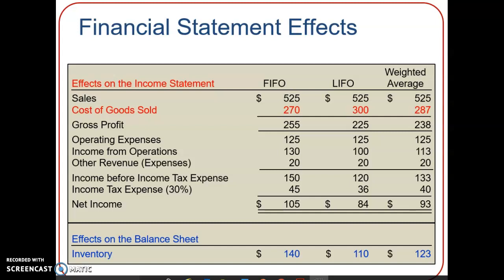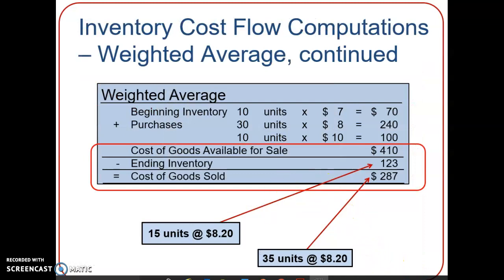So basically, because if we go back, the unit price was increasing, right? For the three batches, for the 10, 30, and 10 units, three groups, the unit price went up from 7 to 8 and then to $10.